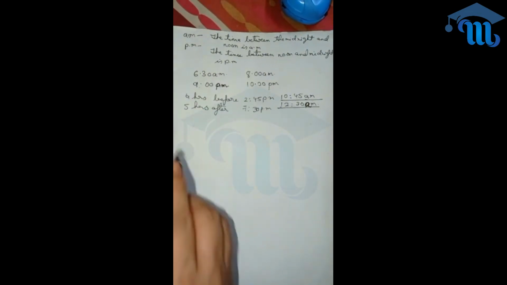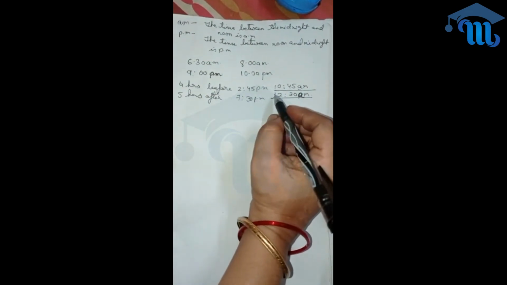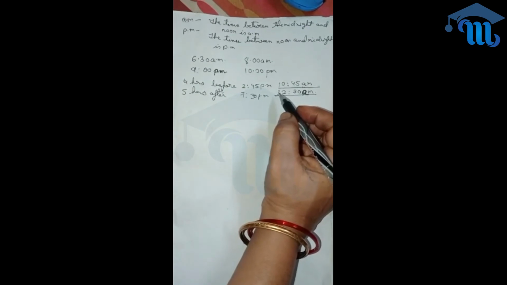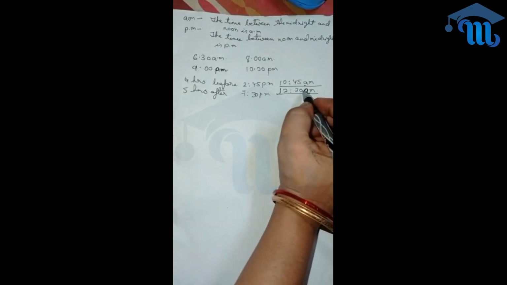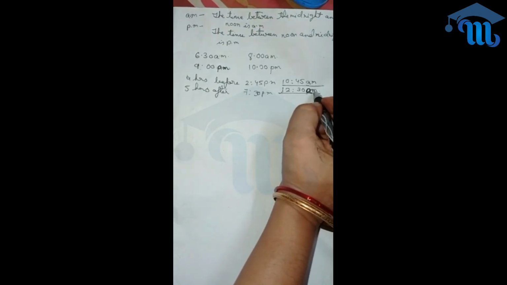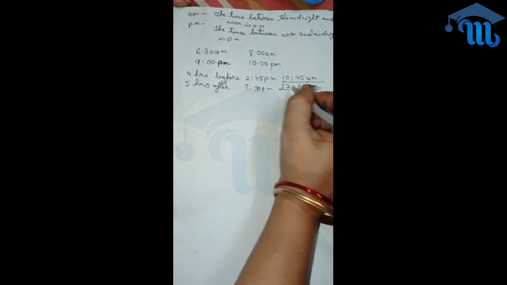Now 5 hours after 7:30 PM, what will be the time? It will be 8, 9, 10, 11, 12 and 12:30. So it will be AM because 12 midnight has crossed. So it will be 12:30 AM.